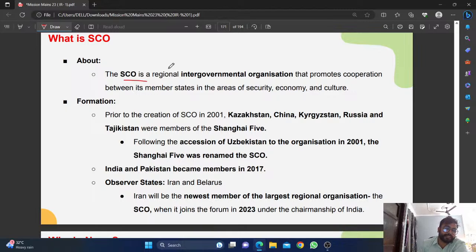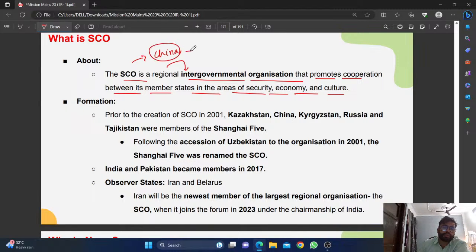SCO is an intergovernmental regional organization that promotes cooperation between its members in the area of security, economy and culture. SCO was initially formed by China to tackle the border dispute with all Central Asian countries.